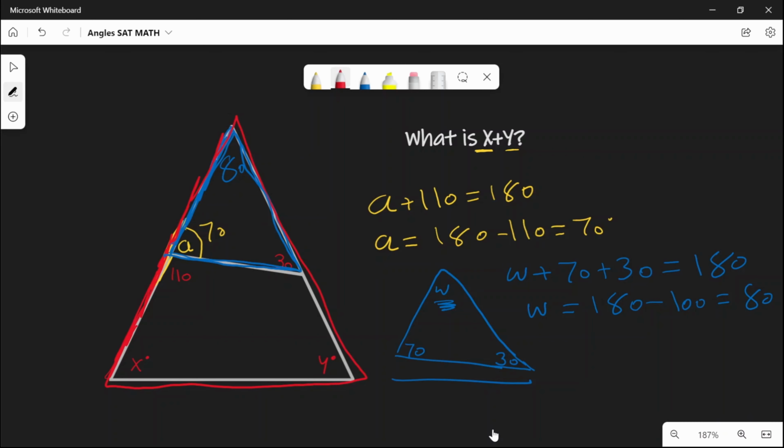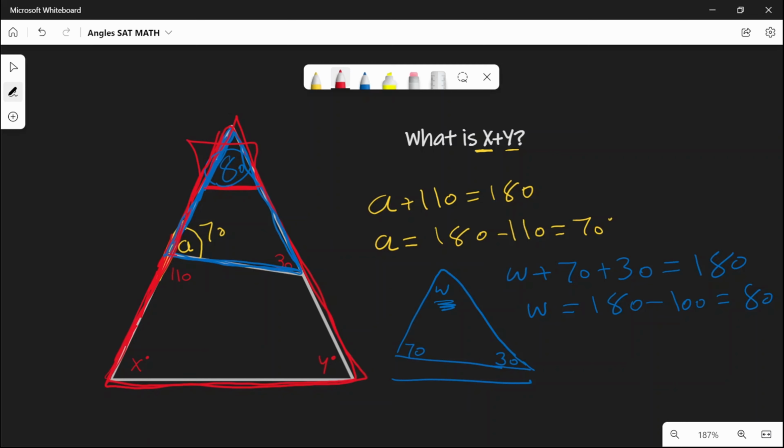You should notice that this angle here is a common angle between these two triangles drawn, right? Because the blue triangle has an angle which is equal to 80, and the red triangle has the same angle which is equal to 80 as well.